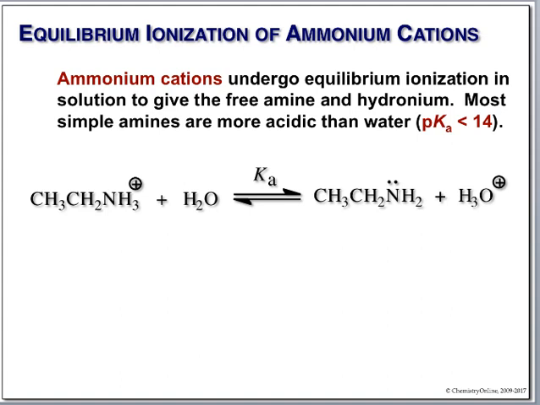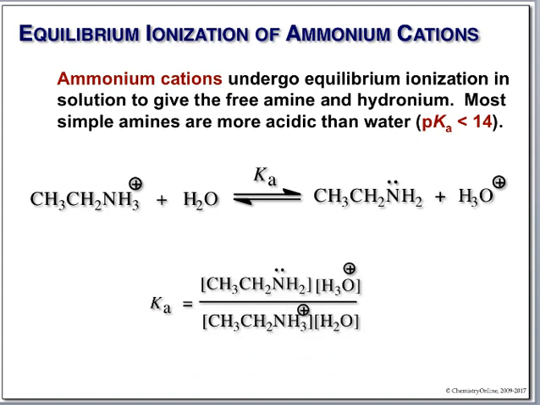Ka describes the equilibrium constant to give ethylamine and hydronium. We can remember back in general chemistry, we can write an expression for Ka. Ka is products over reactants. We also remember that since water is a liquid, it doesn't show up in the expression, so we have to get rid of it.